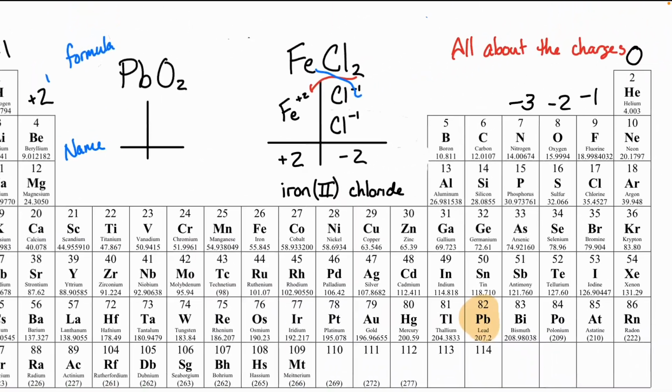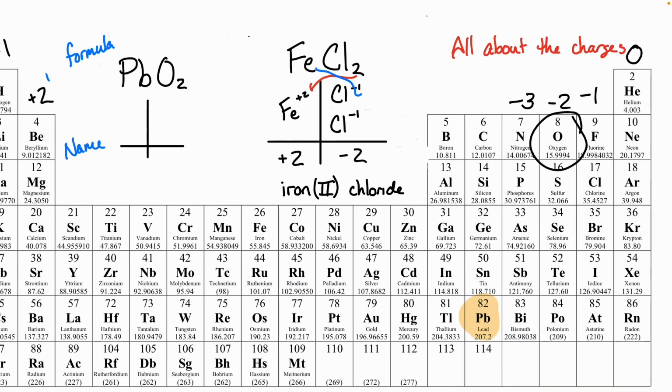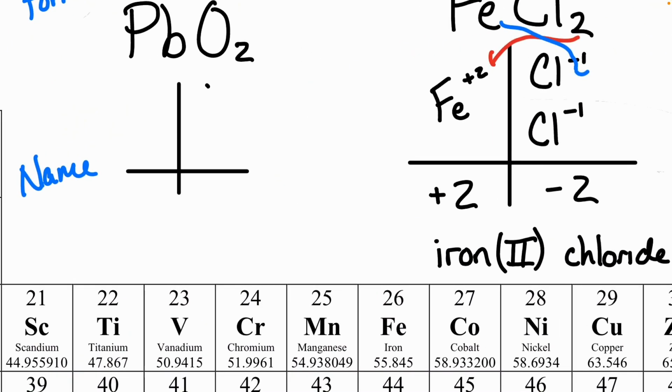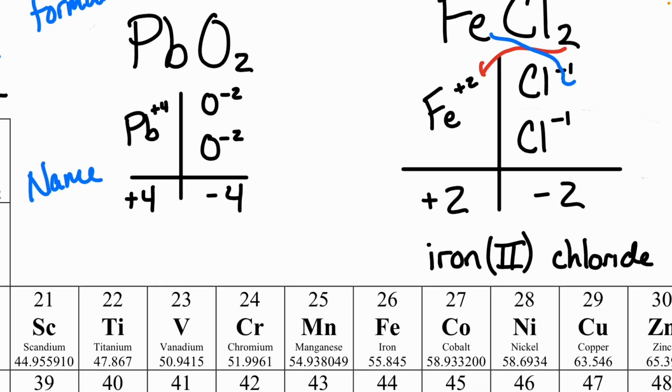And each oxygen has a charge of what? -2. So this one, and I got 2 of them, right, based on my formula? So what's the total amount of negative charge in this compound? -4. And so what's the total amount of positive charge that I have to balance it out? +4. So that lead ion has a +4 charge.